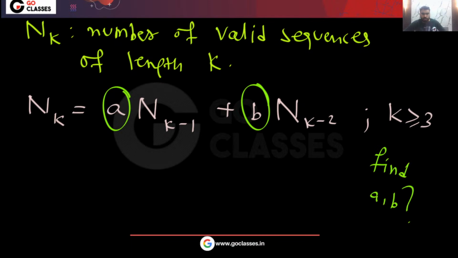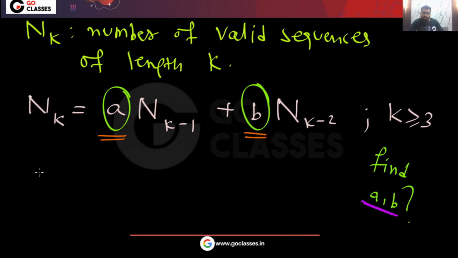If you want to find two variables, a comma b, how many equations do you need to create? Very simple, two equations.